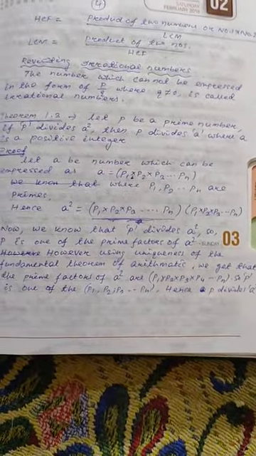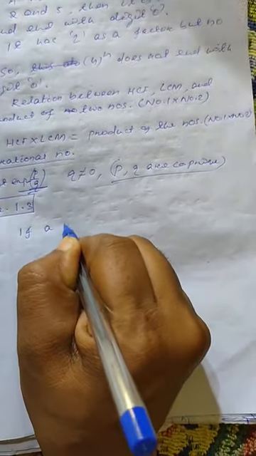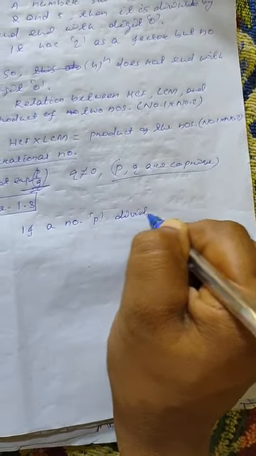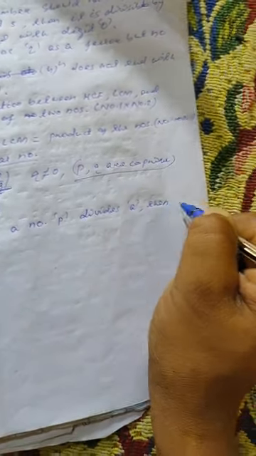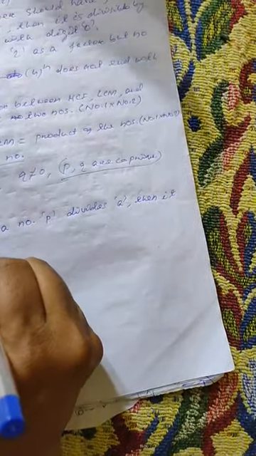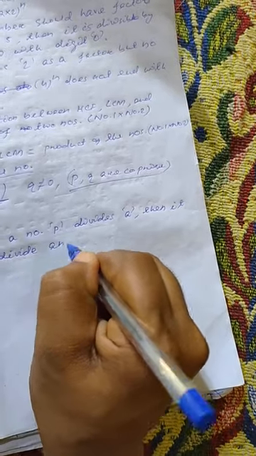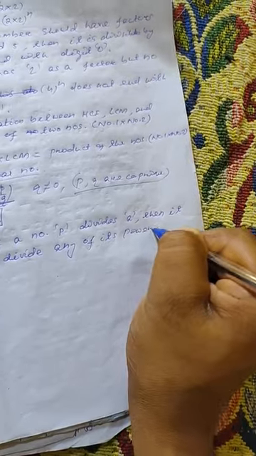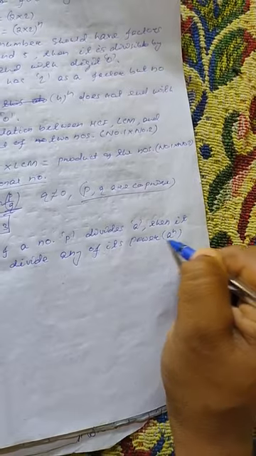First of all, I want to clear a doubt. See there, if a number P divides a, then it also divides any of its powers, that means a to the power n.